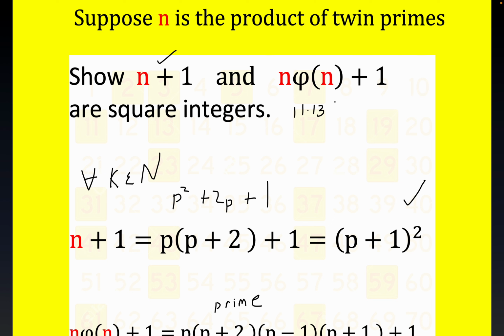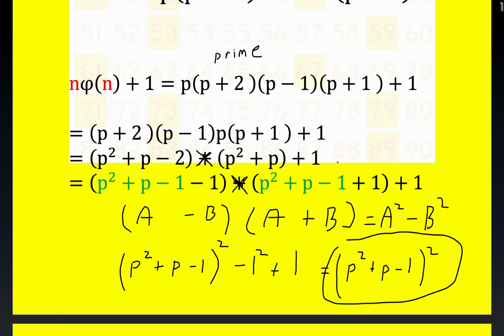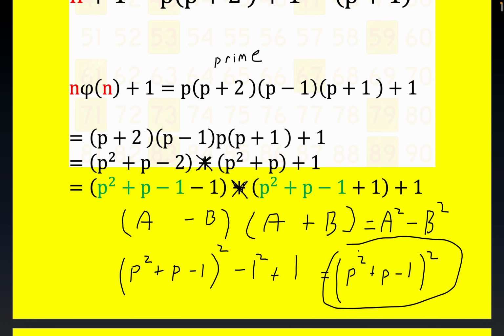And then we're going to multiply it by phi of n, which is 12. And then that's going to be plus 1. Okay, and what is that? I don't even know what that's equal to. But we see that's where we can use our results. It's going to be p squared plus p minus 1 quantity squared.